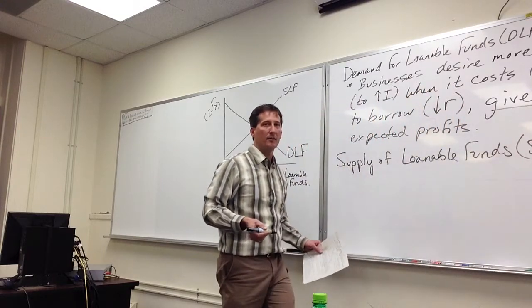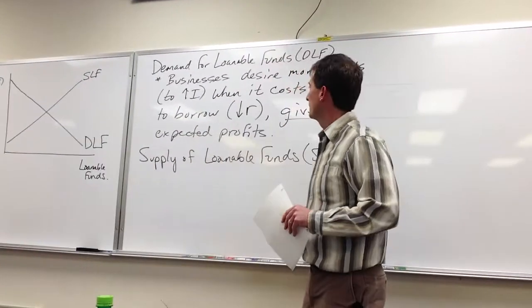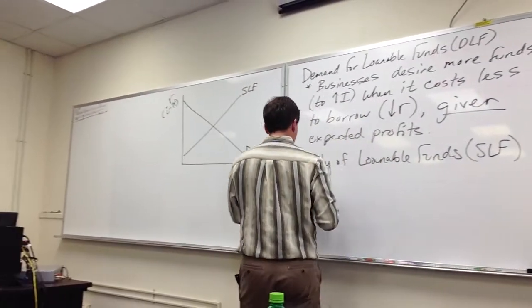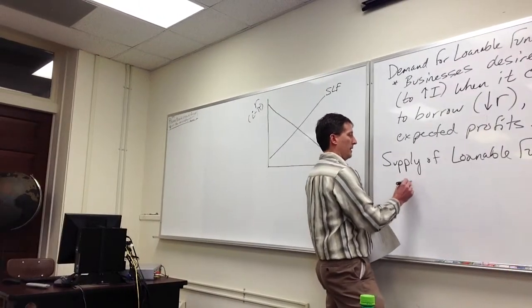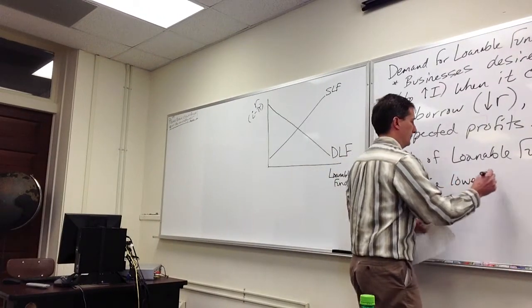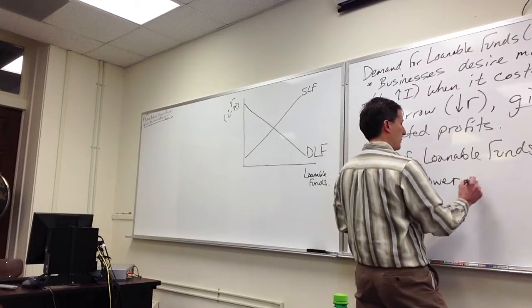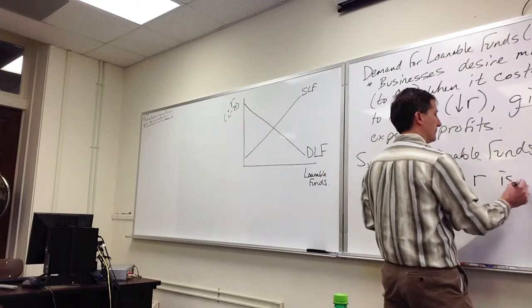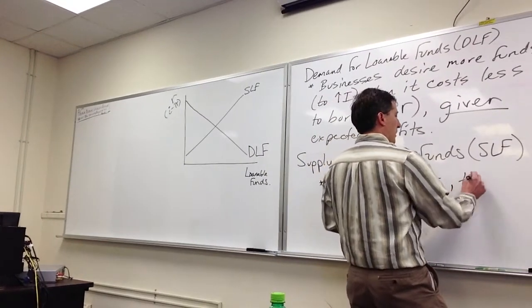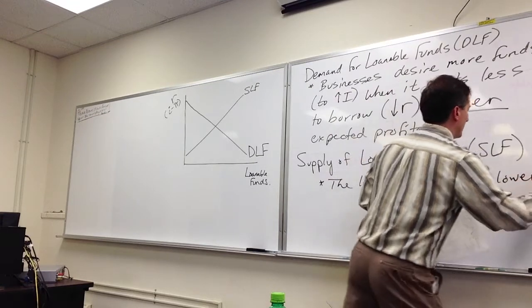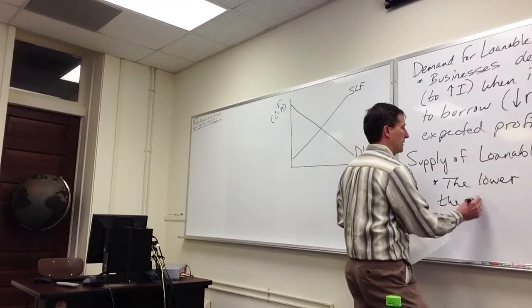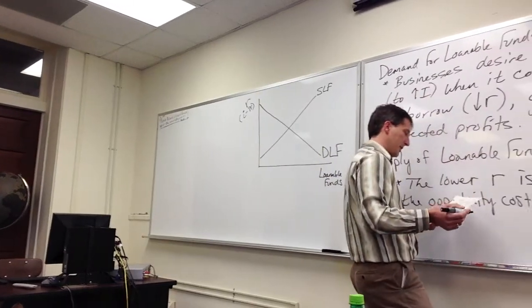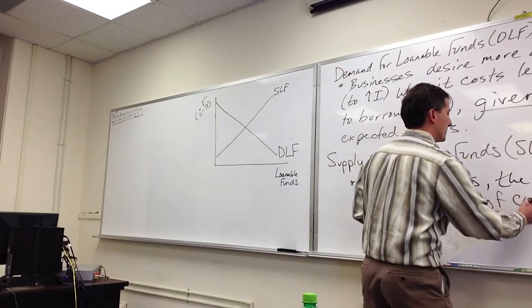All right, supply. The supply of loanable funds, the SLF. The lower the real interest rate is, the lower r, little r, is, the lower is the opportunity cost of consumption.